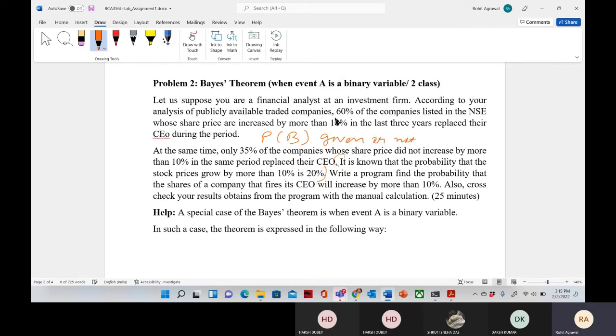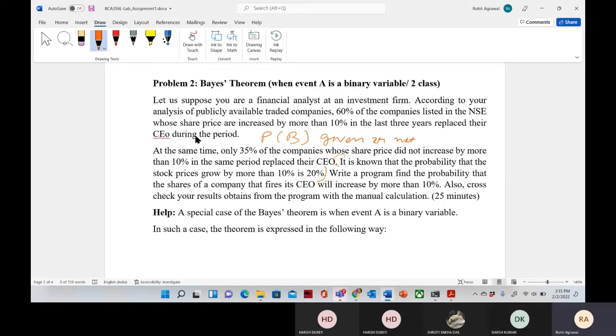First the data is here: 60% of the companies listed in the NSE whose share price had increased by 10% in the last year replaced their CEO. Is anything given regarding the probability of B in the sentence?